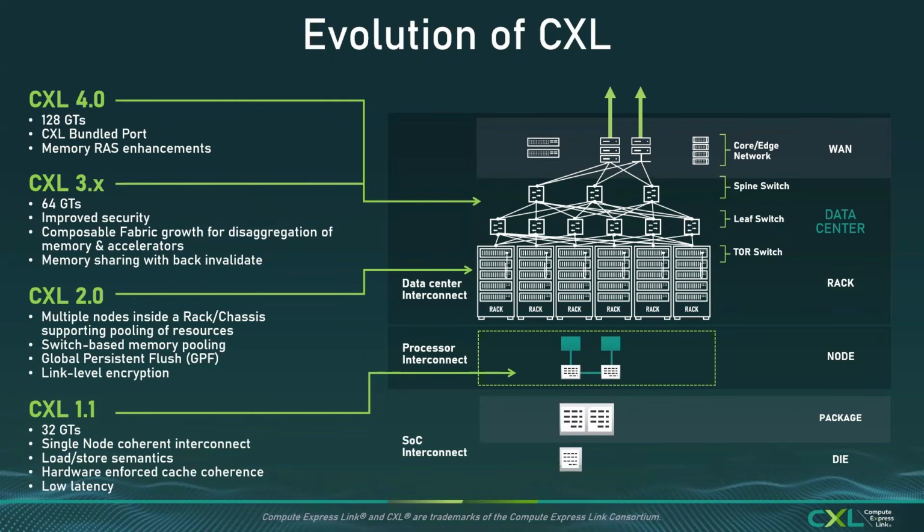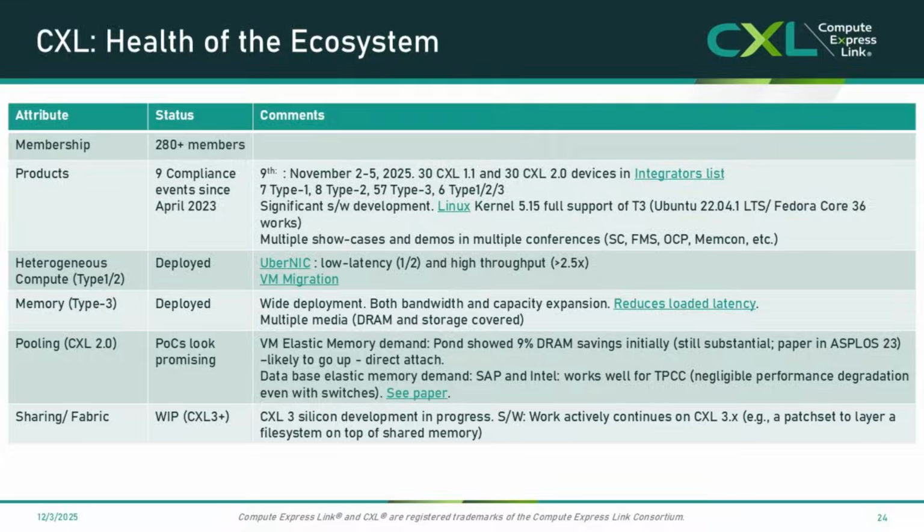We started from CXL 1.1, which is single node, moved to multiple nodes in 2.0, and a large fabric for 3.0 that has leaf and spine switches. With 4.0, we have bundled ports and 128 gigatransfers per second for higher bandwidth. So we've been consistently raising the bar every generation of CXL. Next slide, please.